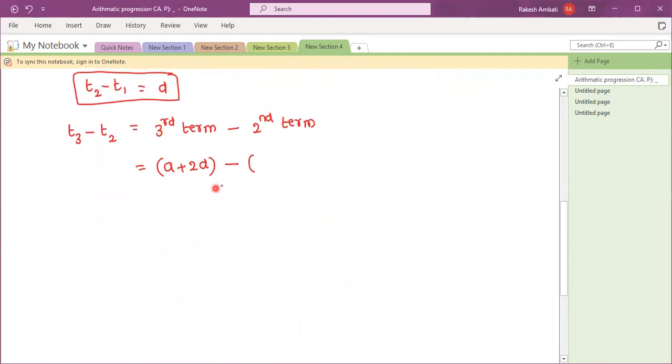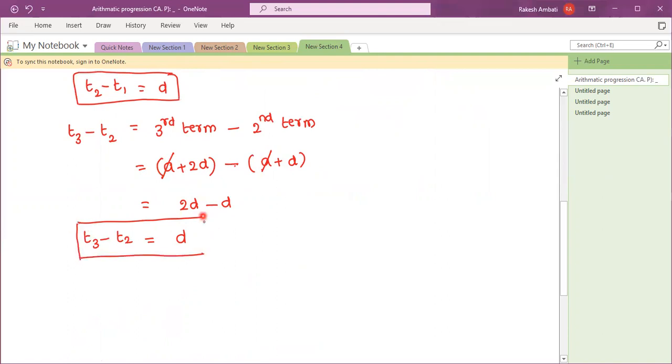In this equation, a cancels. Now we have 2d minus d, that is equal to d. So T3 minus T2, third term minus second term, equals d.